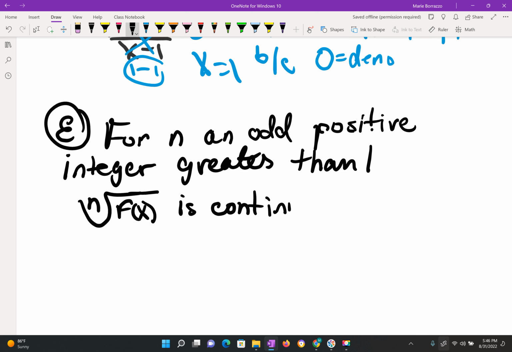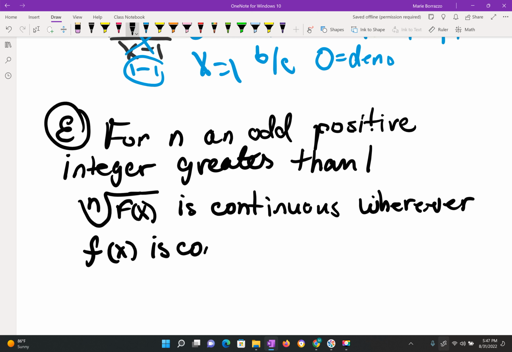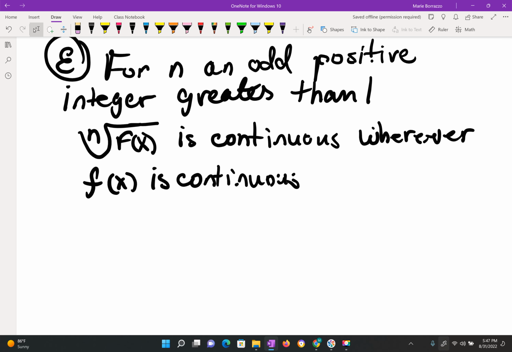Is continuous wherever the actual function is continuous. So an example of that, because that sounds like gibberish to me until I saw the example, I was like, what are they talking about?